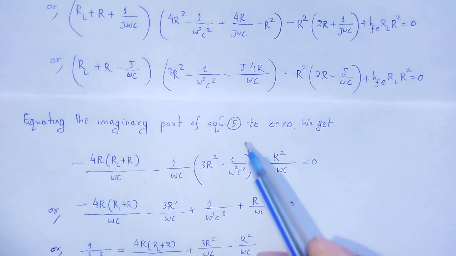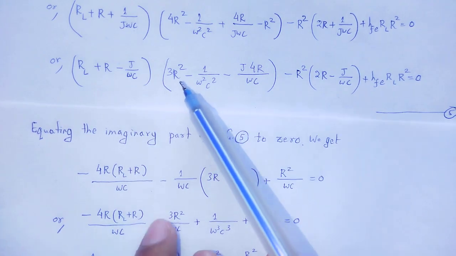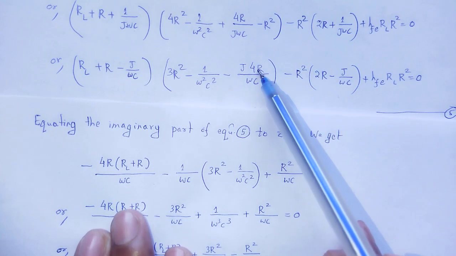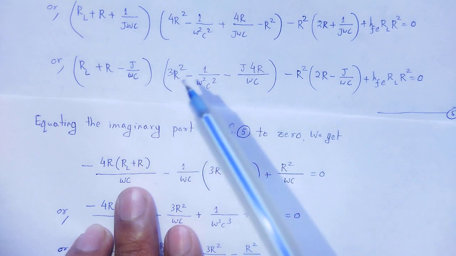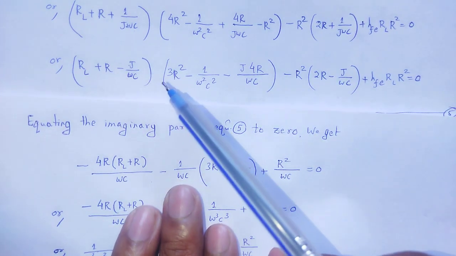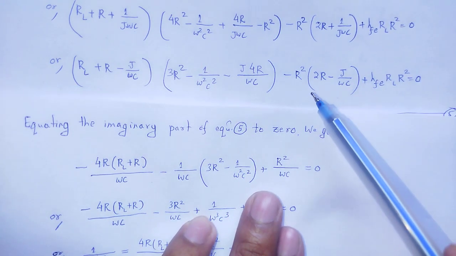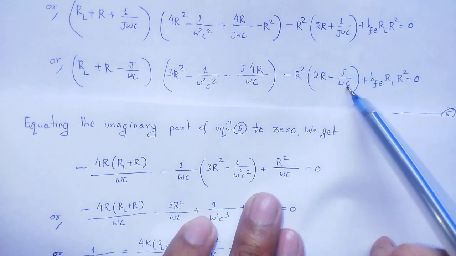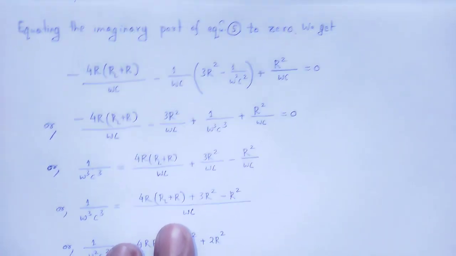Equating the imaginary part of equation number 5 to 0. The imaginary part as minus 4R by omega C whole into RL plus R, minus 1 by omega C whole into 3R square minus 1 by omega square C square, plus the imaginary part R square divided by omega C. Solve it.